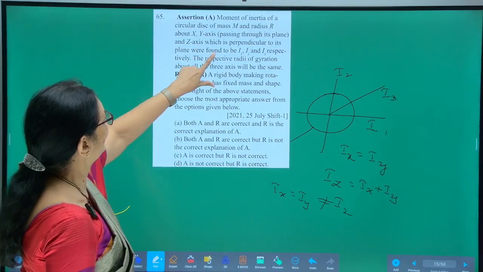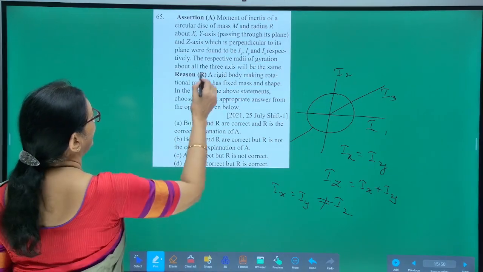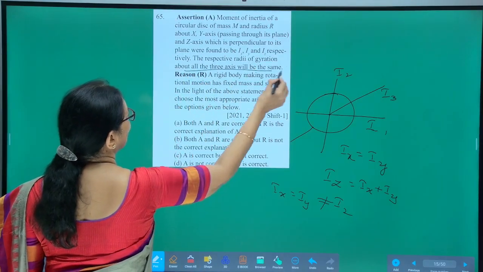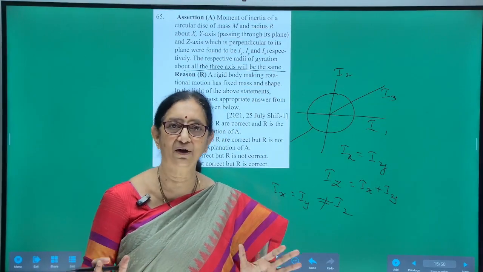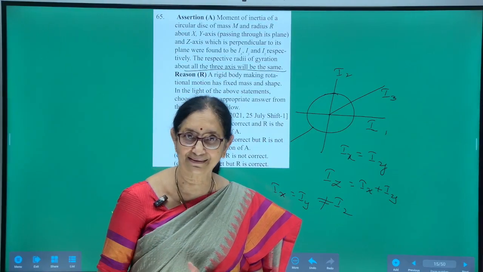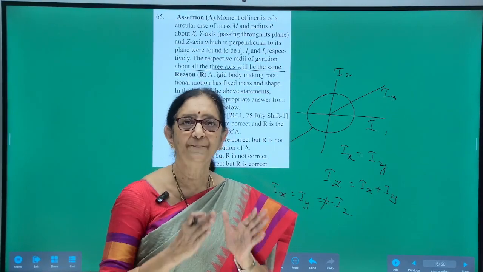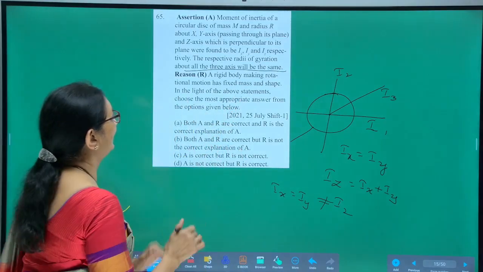What is given in the assertion is the respective radii of gyration about all the three axes will be the same. If moments of inertia are different for the same object about three different axes, very obviously the radii of gyration are different. They cannot be equal.